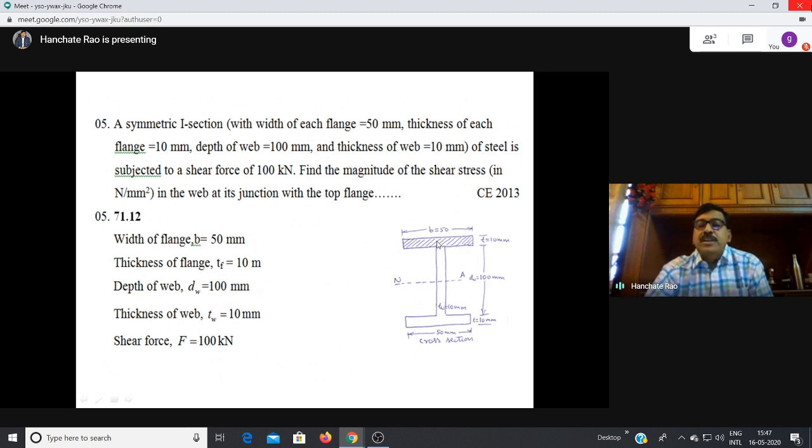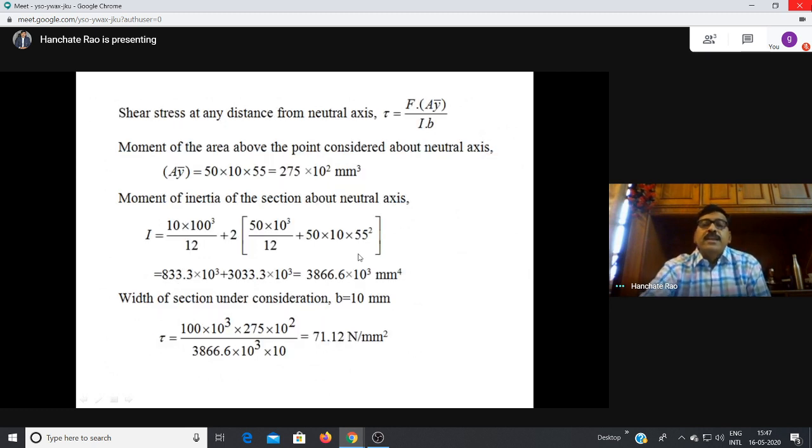So tau is equal to F into Ay bar by I B, where B is 10 mm, the width of the web. If you substitute, you get the shear stress there.